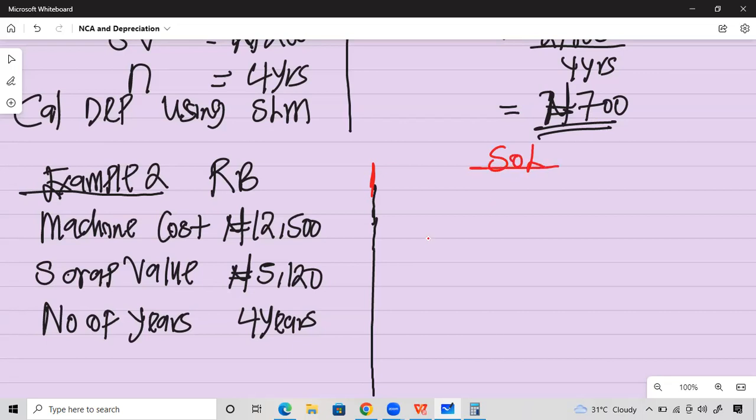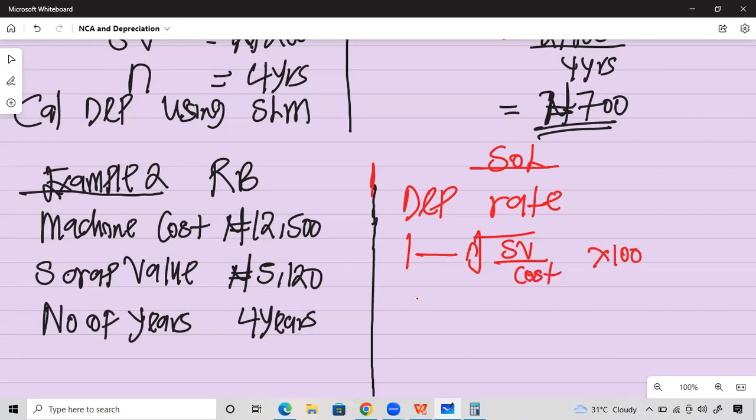What we are looking for here is the depreciation rate. To get the depreciation rate, this is the formula: 1 minus the nth root of the scrap value divided by the cost, multiplied by 100.